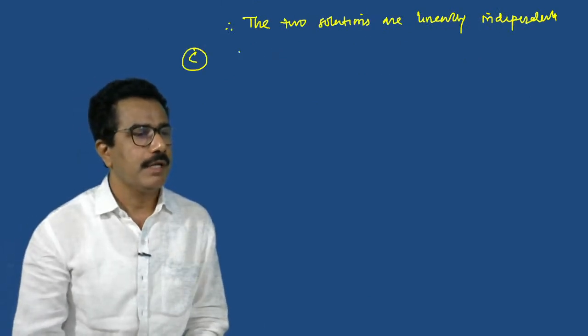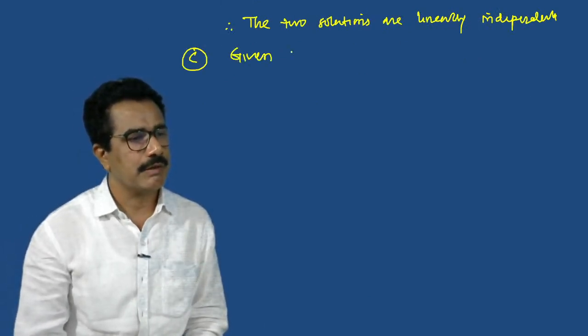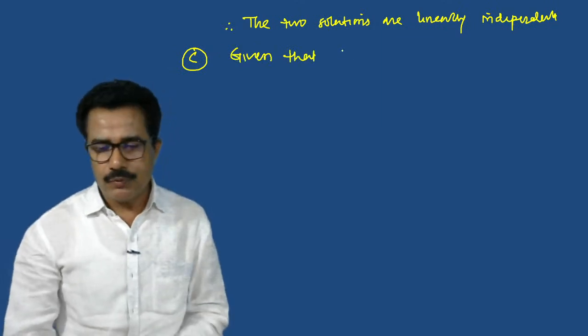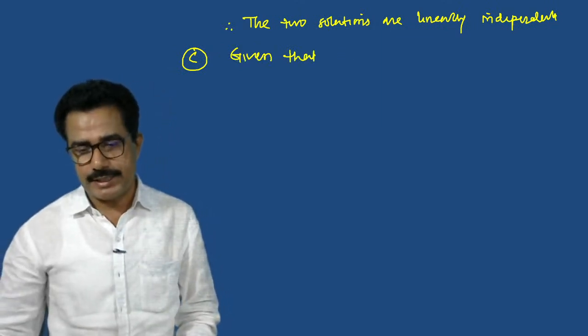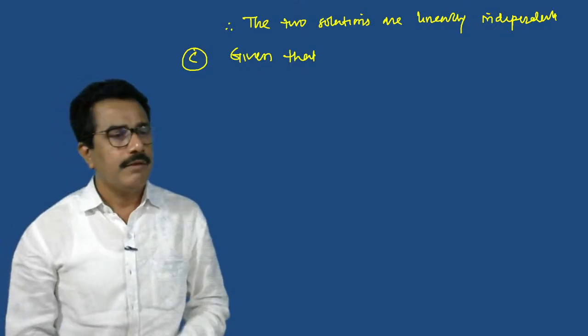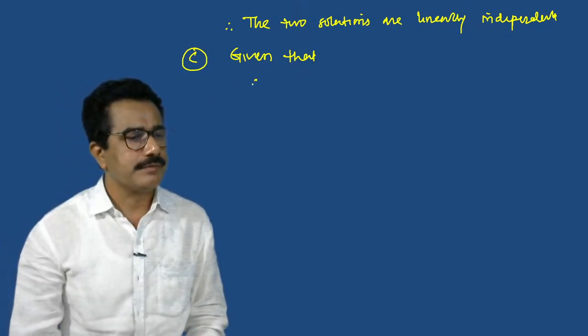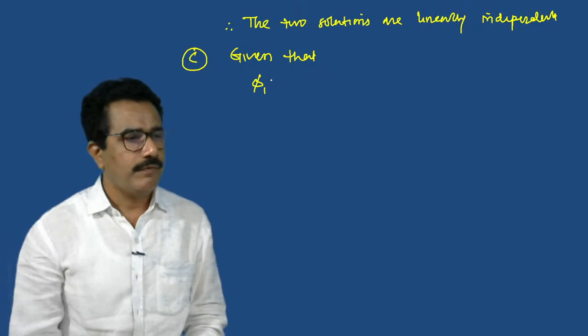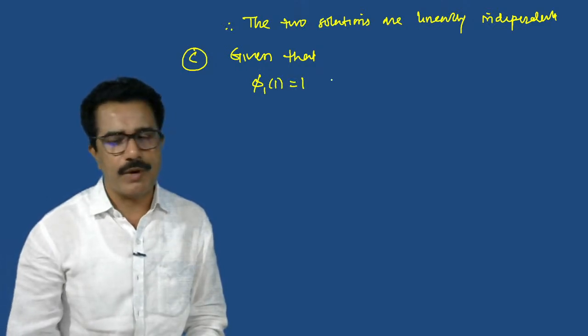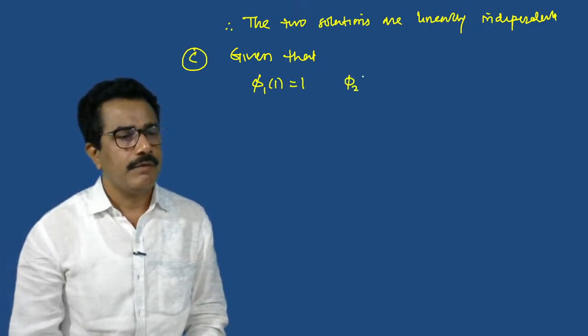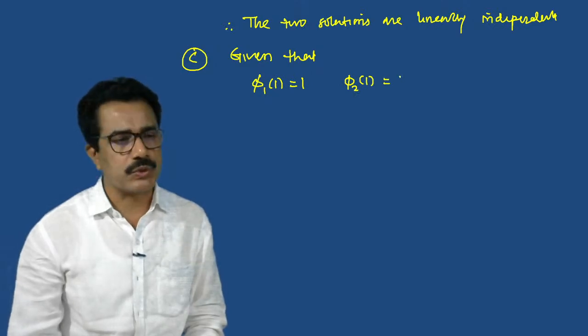See, given that, what we have given, see this, I shall discuss again. Phi 1 of 1 is equals to 1, phi 2 of 1 is equals to 0.